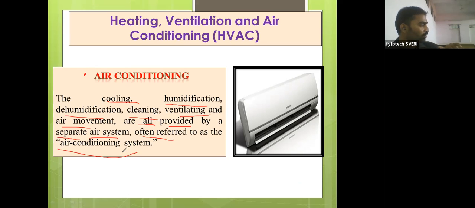So what will this AC do? It will cool the system. Then it will do humidification, then dehumidification. Then it cleans: if there are micro gaseous particles inside the room, it will remove them. Then it does ventilating and air movement. All are provided by a separate air system, and that system is called an air conditioning system.